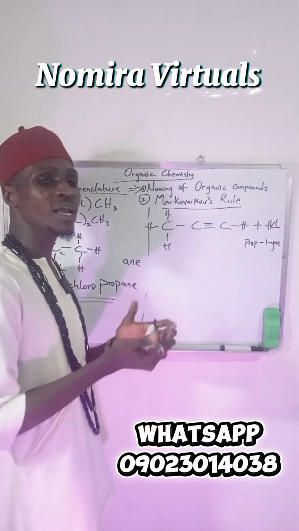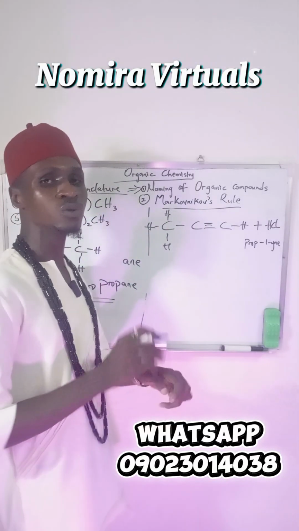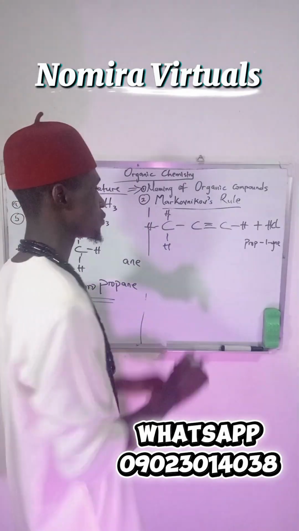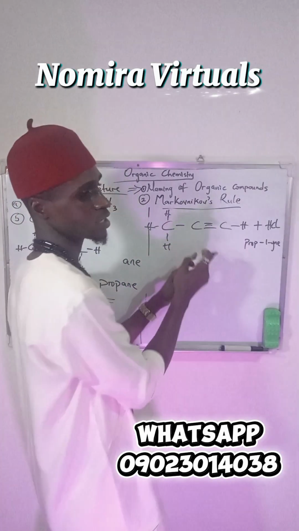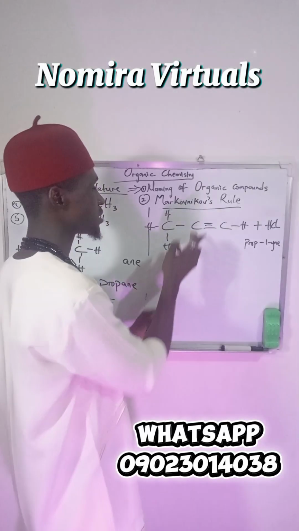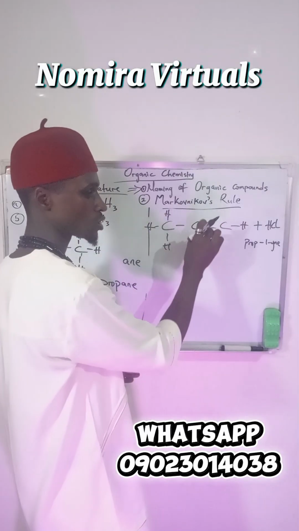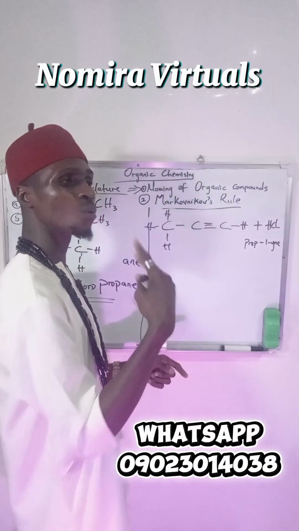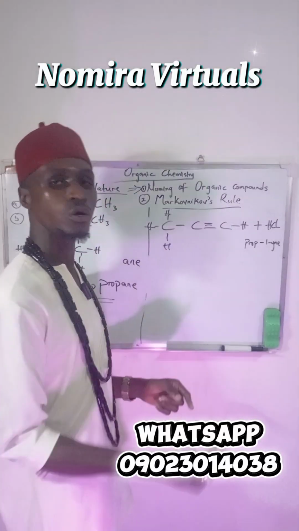And when an alkane is formed, you know that it has become stable and saturated, right? So for now, this is an unsaturated hydrocarbon since it contains multiple bonds. When it has 2 bonds, it is unsaturated. When it has 3 bonds, it is also unsaturated.